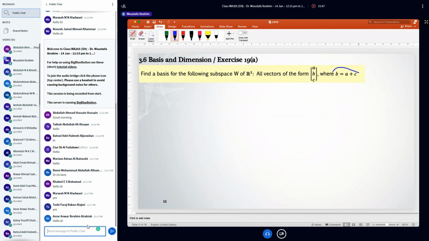Instead of B, we put A plus C. So the form of any vector in W is (A, A plus C, C). Correct, guys?